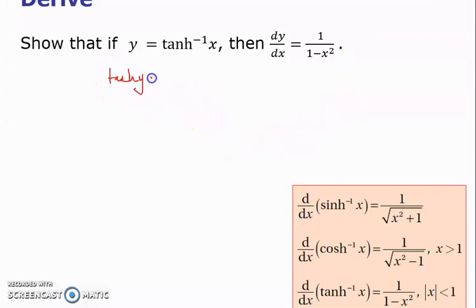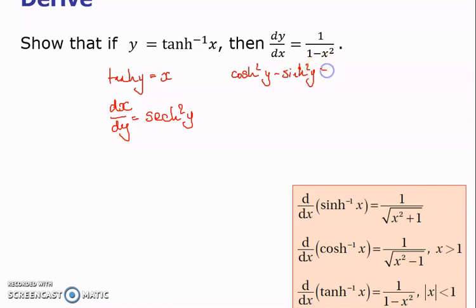Tan y equals x. And therefore, if I differentiate dx with respect to y, I think we saw before that if I differentiate tan, I get sec squared. So that's fair enough. What is sec squared? Well, there was a formula which I put up just now, which said cos squared y plus sine squared y equals 1.